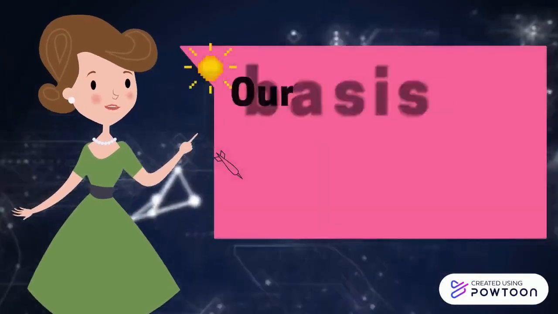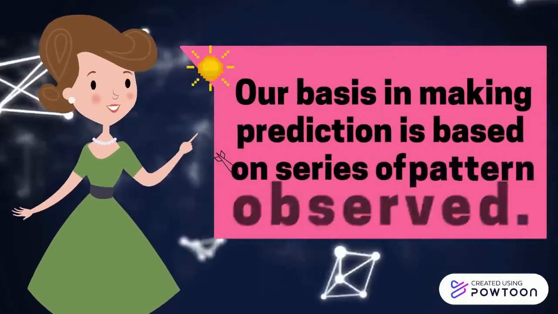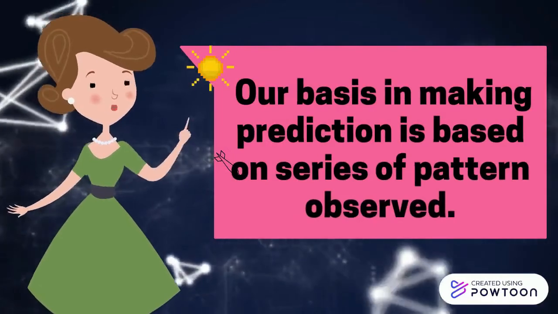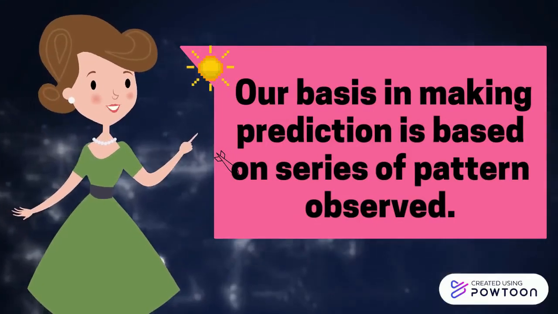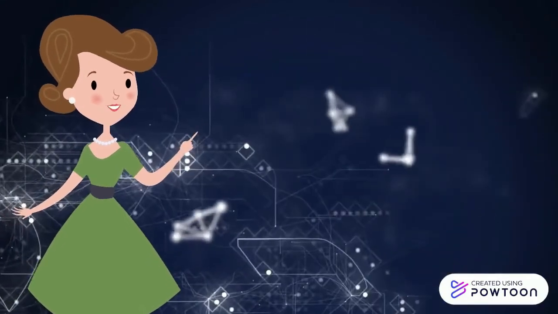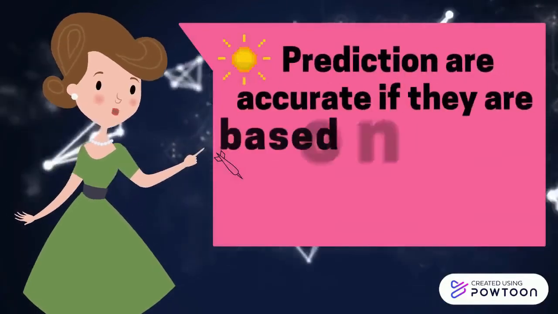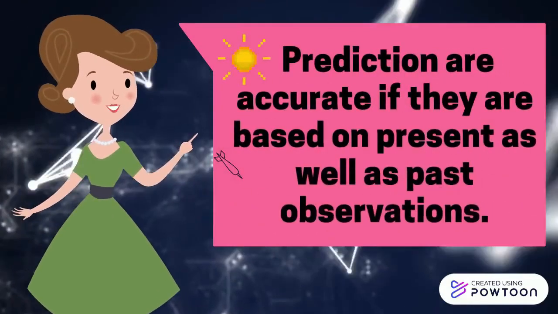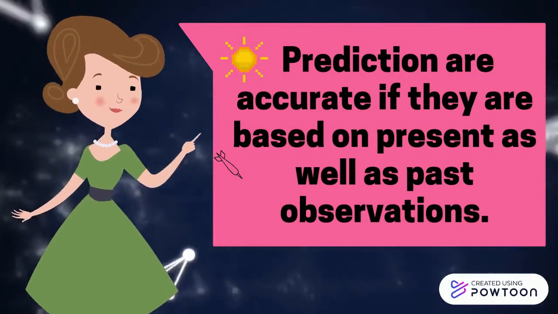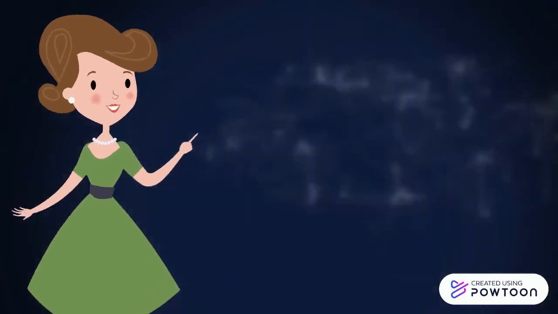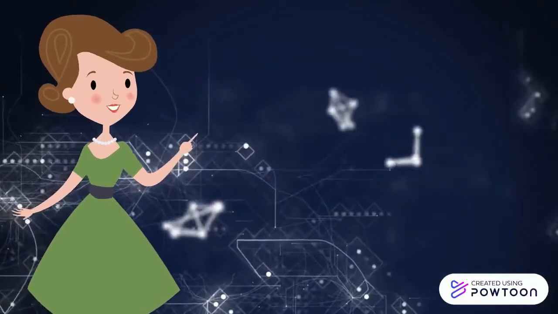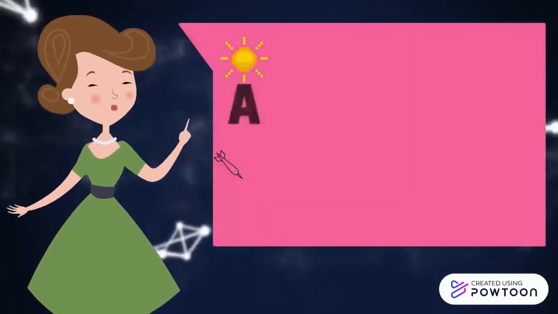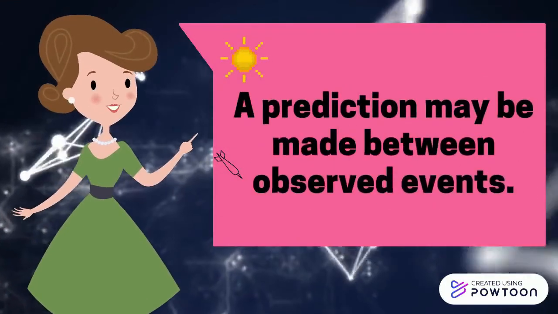Our basis in making prediction is based on series of patterns observed. Predictions are accurate if they are based on present as well as past observations. And our last key point to remember: a prediction may be made between observed events.